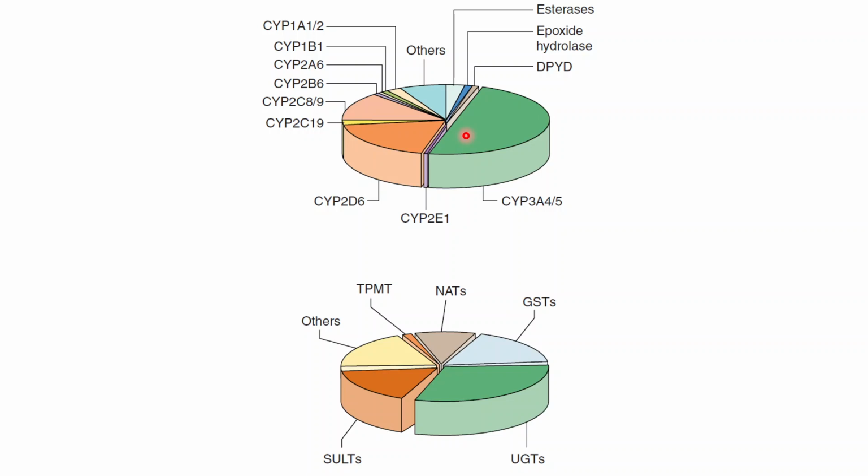For example, paracetamol or acetaminophen has a hepatotoxicity due to the toxic metabolite.